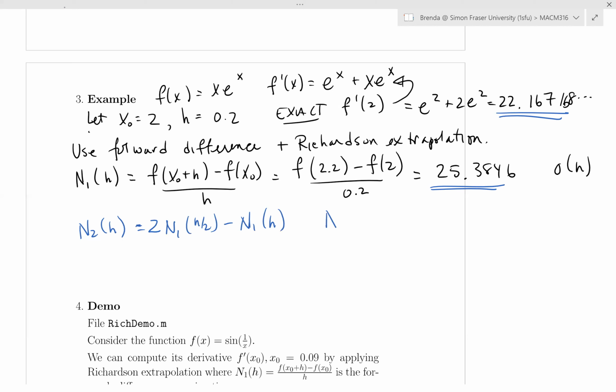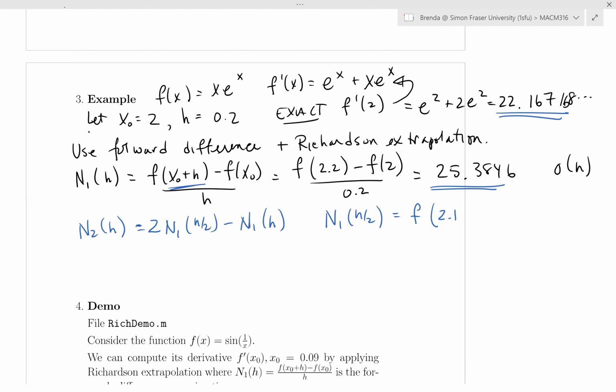So I'm going to calculate then N1 of H over 2. What is that? That is F of what? Pardon? 2.1, absolutely, right? H is 0.2, H over 2 is 0.1.